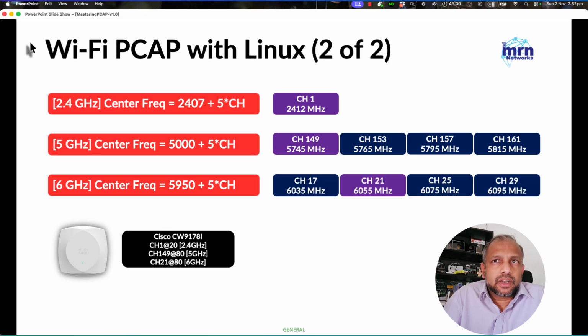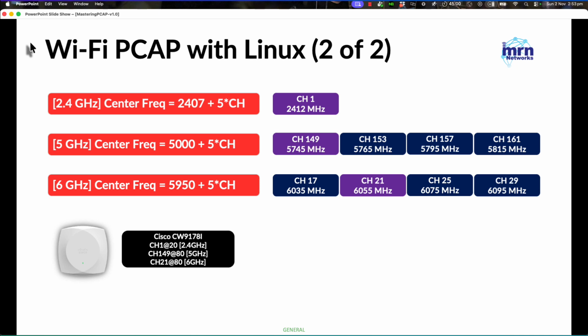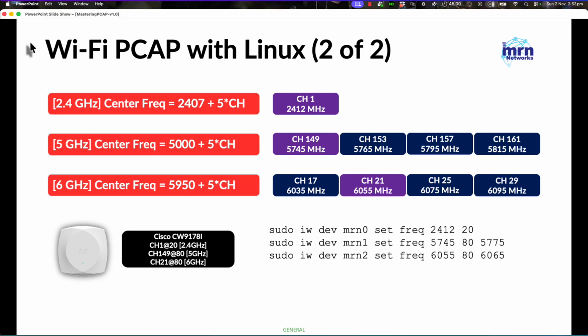That is channel number 21. If you work out the center frequency, you can see 6065 is the center frequency. That means when setting frequencies to capture this channel, you need to use those frequencies and the channel width, like this.